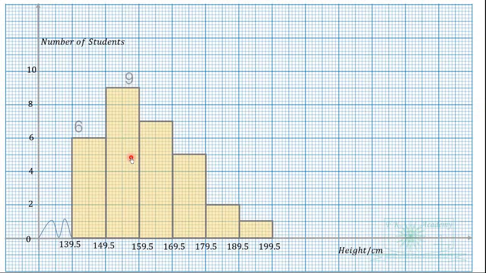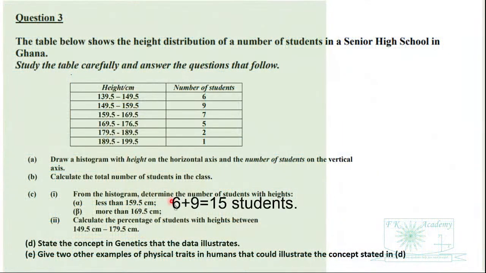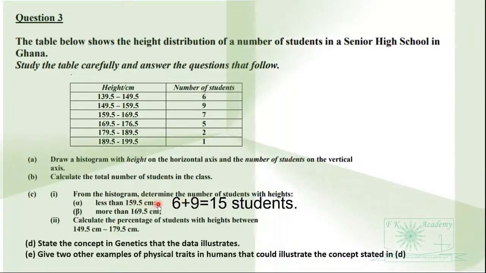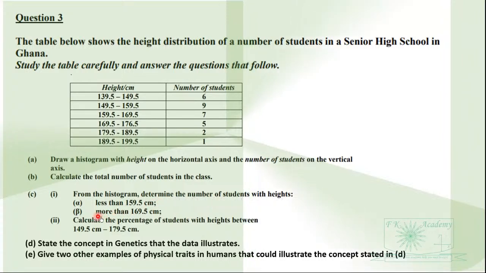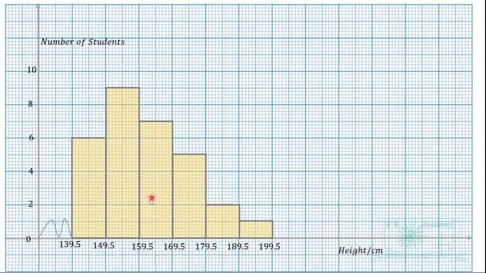So adding them, 6 plus 9, which is equal to 15 students that have height less than 159.5 centimeters.